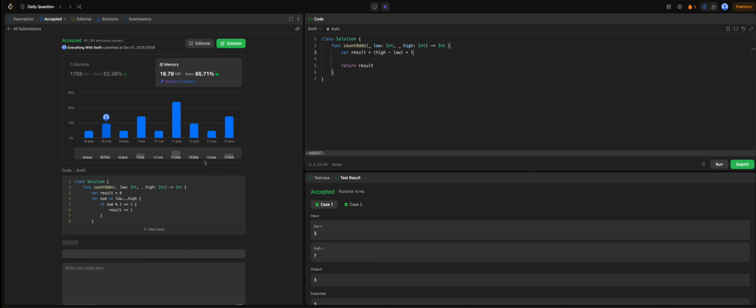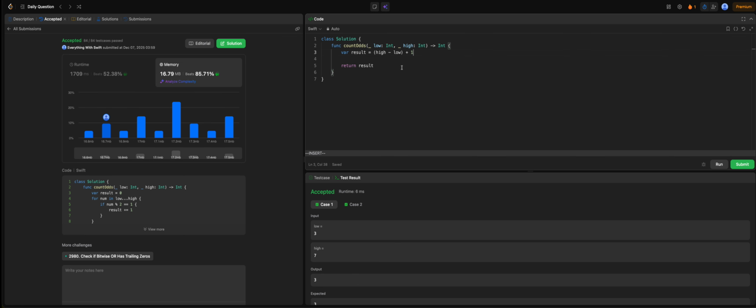How about this? 6 minus 3 is 3, plus 1 becomes 4. How about this? 7 minus 3 becomes 4, plus 1 will be 5. So that is exactly where we get our values.